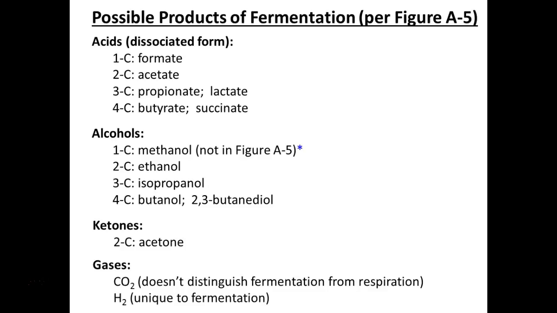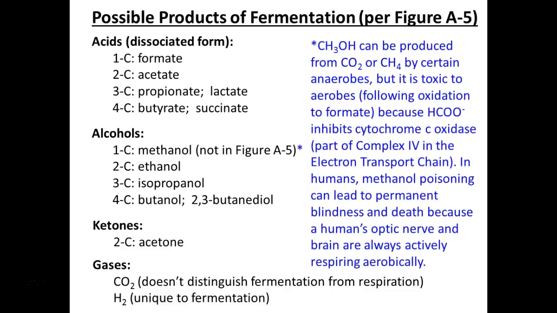And then, as I said, the two gases could be carbon dioxide or hydrogen, but hydrogen is the only one that's unique to fermentation because we produce carbon dioxide. So methanol interferes with the electron transport chain, and therefore it would be poisoning. And it affects the eyes first because, believe it or not, it takes a lot of energy to run that whole system of being able to see, to run that optic nerve.